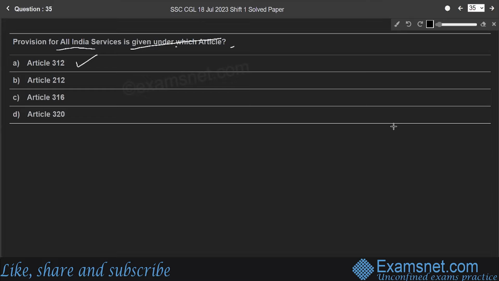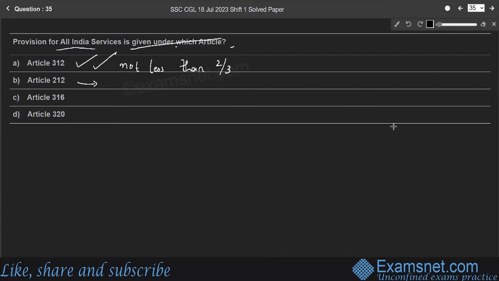Article 312 states that if the Council of States has declared by resolution supported by not less than 2/3 of the members present and voting that it is necessary or expedient in the national interest so to do, Parliament may by law provide for the creation of one or more all India services. Option A is the right answer.